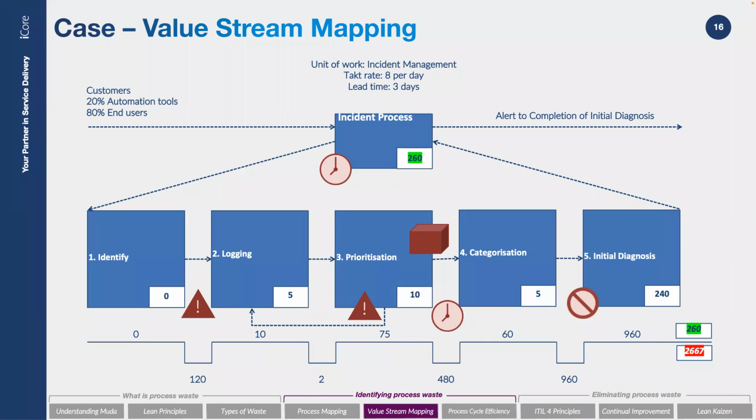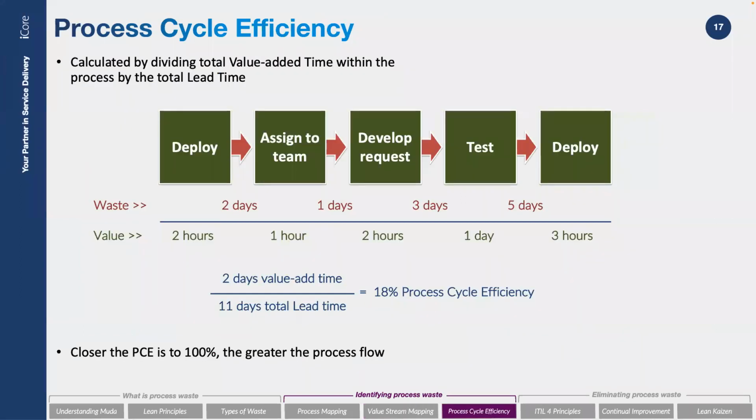And then we've also had a look at how long it actually is taking, and married those up. With those two things, what that gives us is something called the process cycle efficiency. It's a scary one, to be honest. This gives us a very good line in the sand of what the health of that process is.